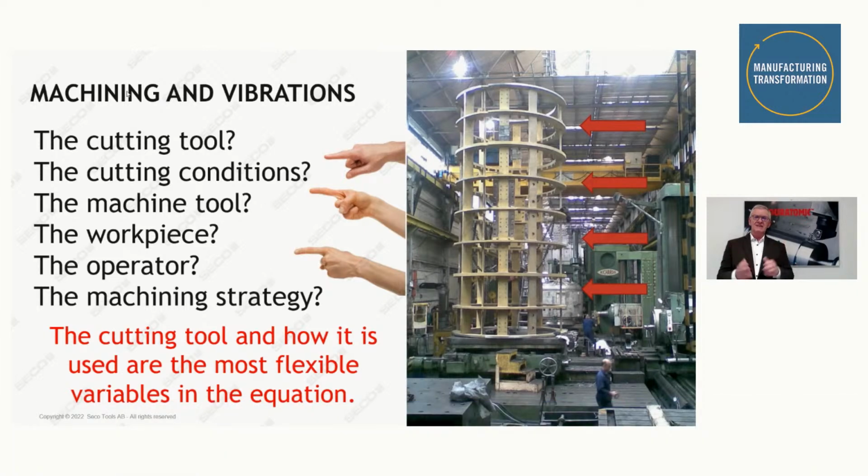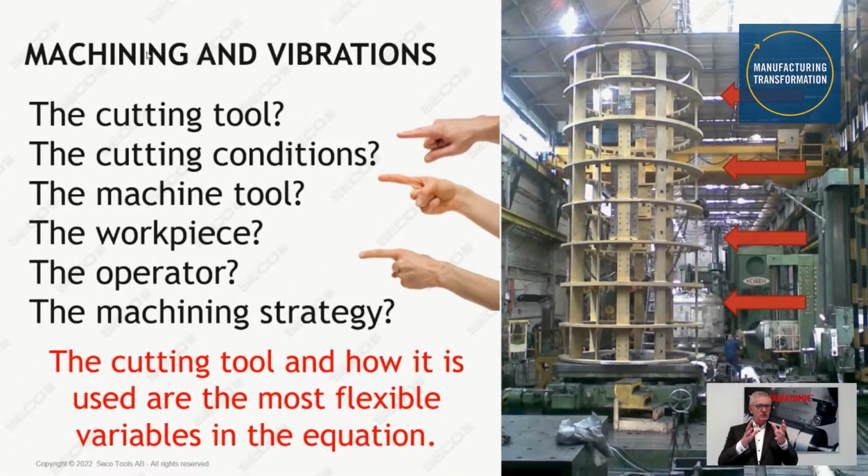On the other hand, the cutting tool and how it is used, the machining strategy and the cutting conditions, is in the equation the most flexible variable, the easiest one to change. We could make an analysis and say it's obvious the workpiece is the cause of vibrations, but that's very nice, the workpiece is the workpiece and I can't change it.